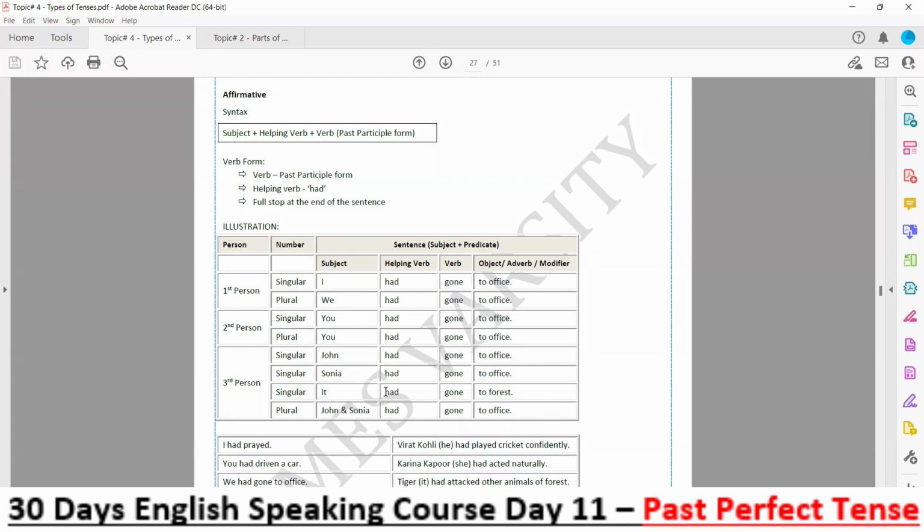Third person singular, it had gone to forest. And the last one, third person plural, John and Sonia had gone to office, right? So any volunteer to read out and translate these sentences one by one?